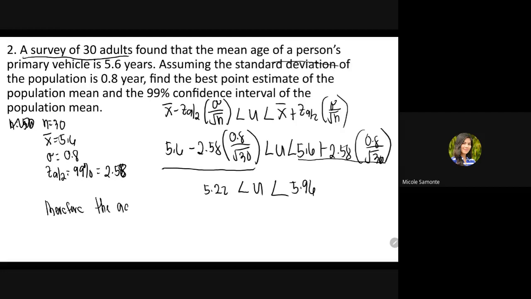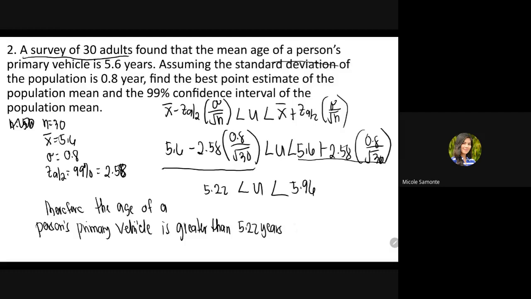The age of a person's primary vehicle is greater than 5.22 years but less than 5.96 years.